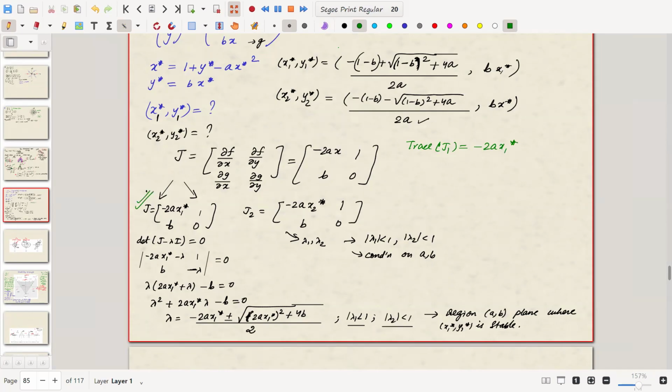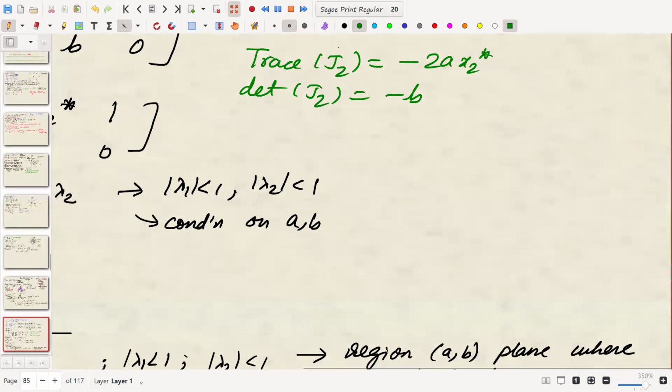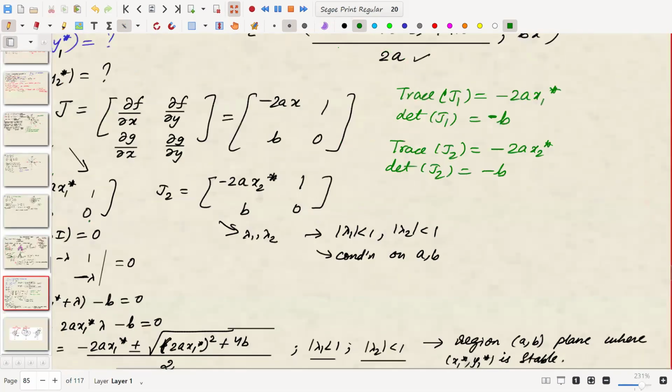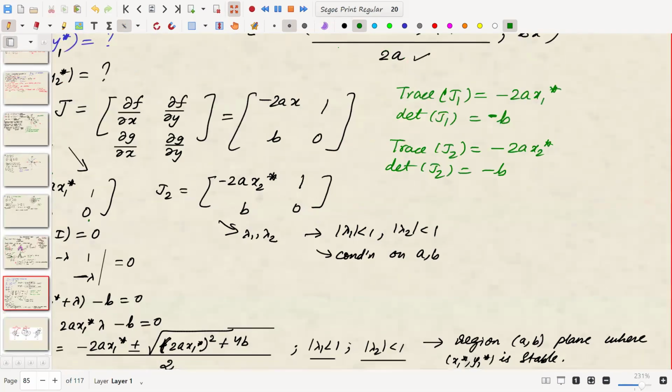Take the sum of the two diagonal entries: minus 2a x1 star plus 0. What is the determinant of J1? Minus B. Okay. What is the trace of J2? Same, minus 2a x2 star, and the determinant of J2 is minus B. Now, can you give me the condition on trace and determinant so that the value will be inside the triangle?